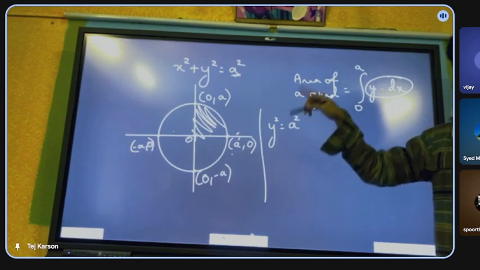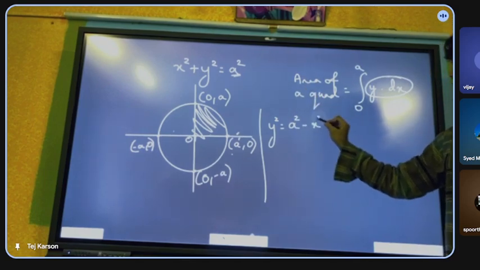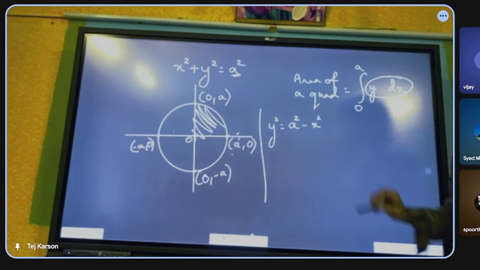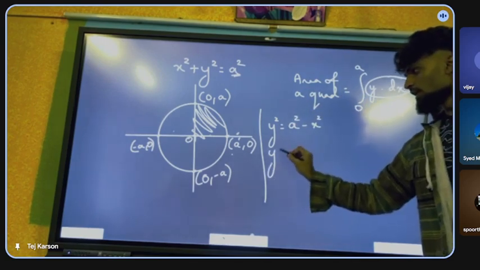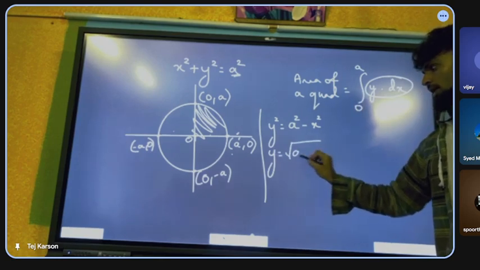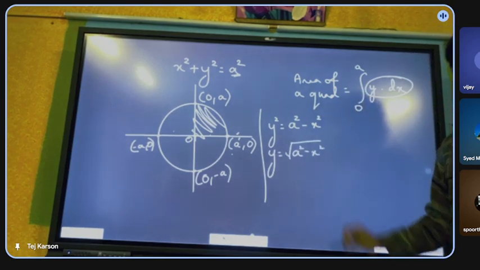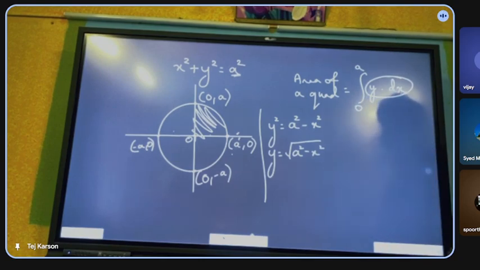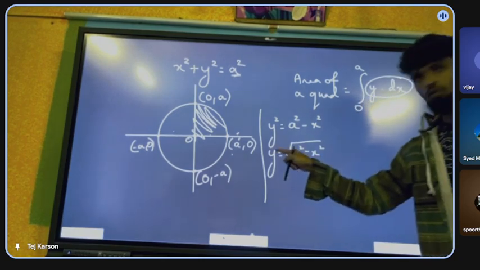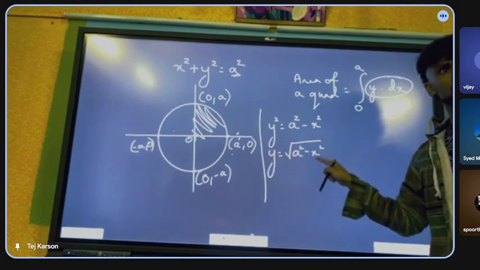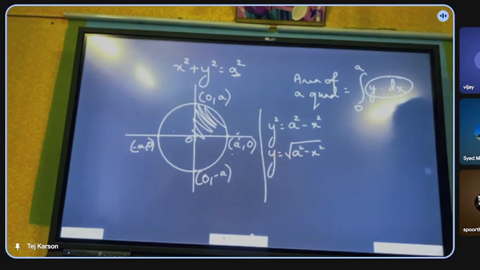The x square becomes. Now think, do I want y square or y? So if you write only y, it becomes root of a square minus x square. Do you know the answer for y? Can I tell the answer for y is in terms of x, therefore dx? Understood?